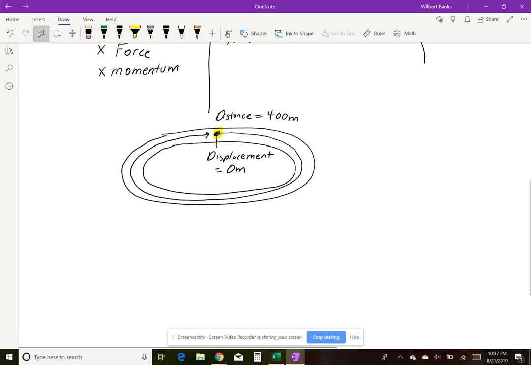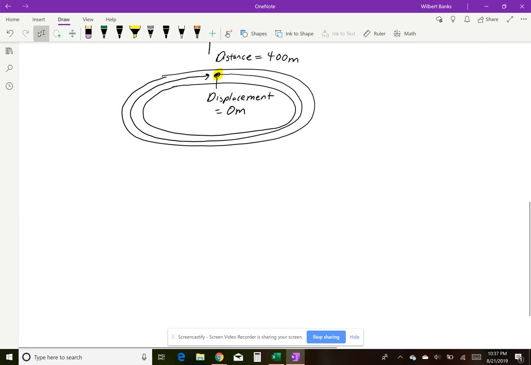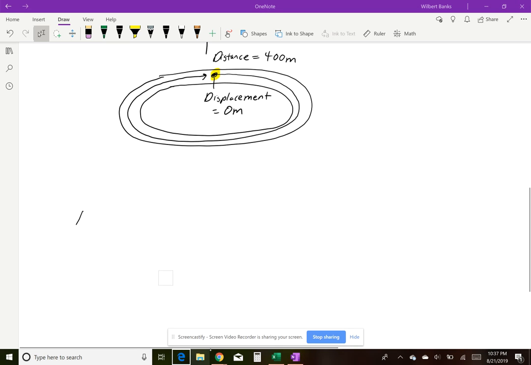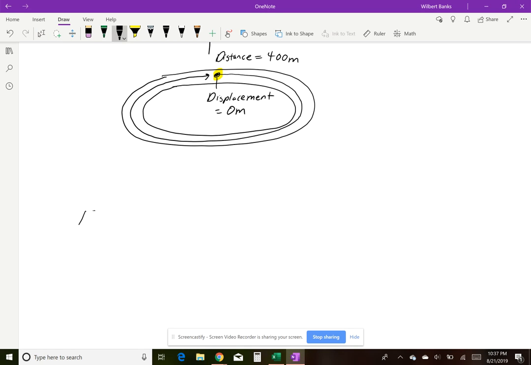Some things that are important is that we can add up different types of vectors. So I'm going to use a distance or displacement example for our start. Let's say I have my same stick man. And my stick man, he walked this way. Let's call this side east.